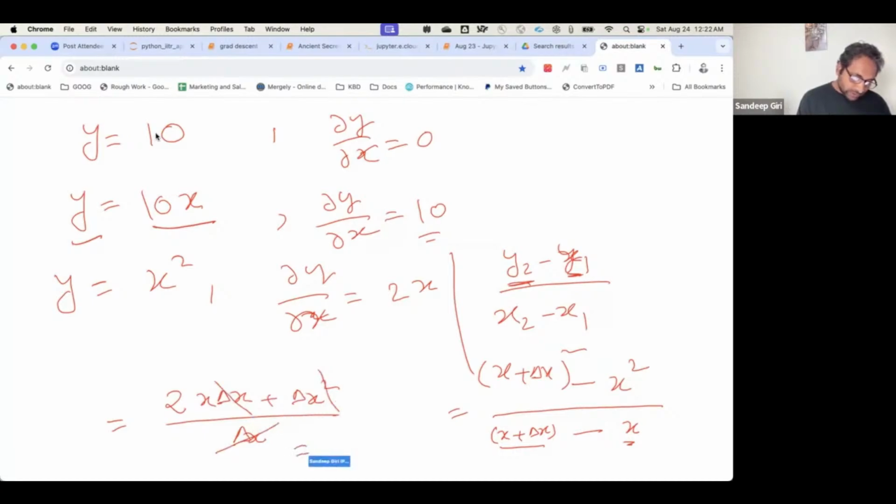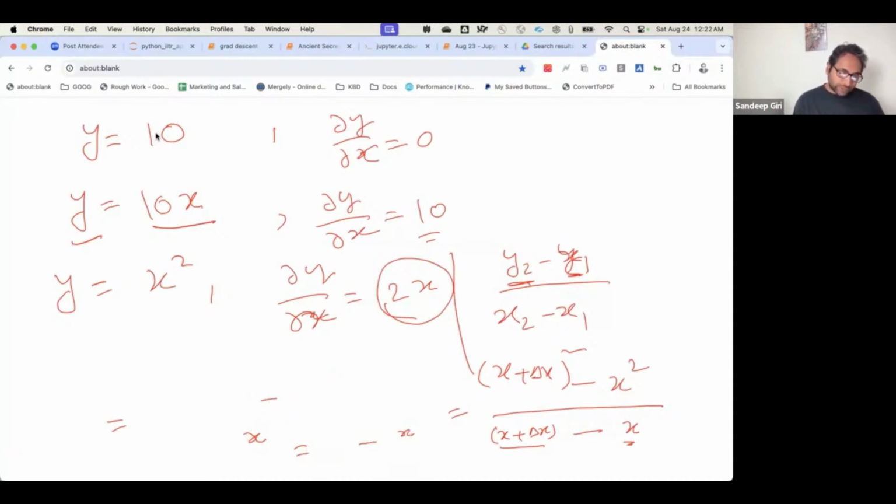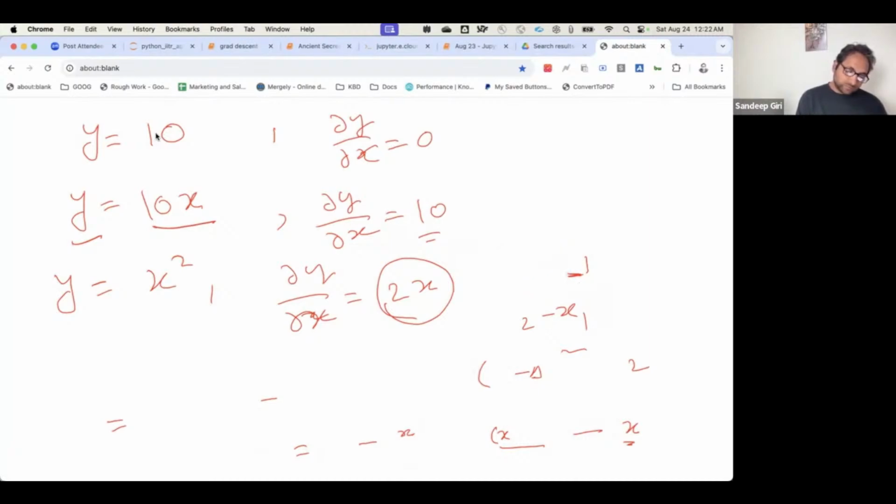You get 2x plus delta x. Is everybody okay with this? So the answer is 2x plus delta x. But since delta x is really tiny, we ignore it and we say it is 2x. Good?